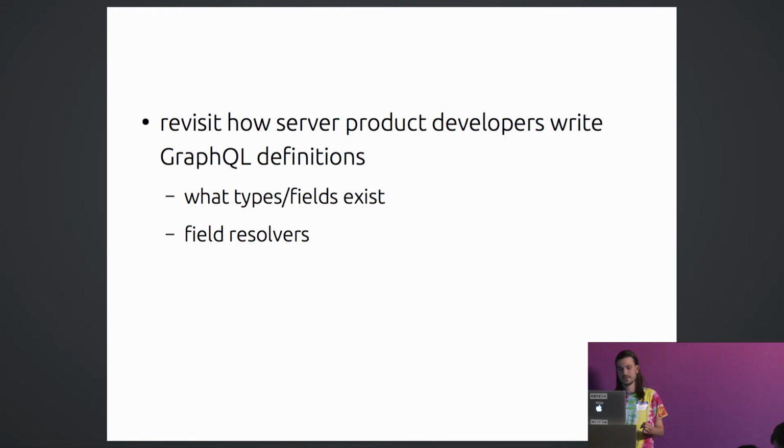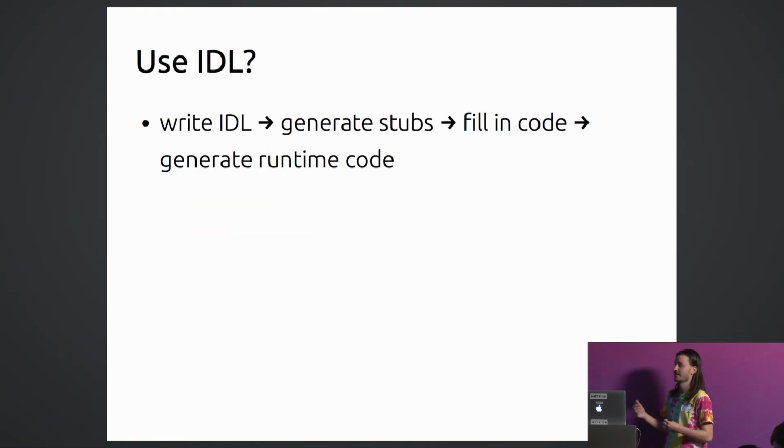One idea that sometimes comes up is that we could use the GraphQL IDL language, which I think is soon to be part of the official specification. So a developer would write the definition of their type in the IDL language, and from that we would generate some kind of stub, some kind of PHP class with empty functions that they would have to fill in.